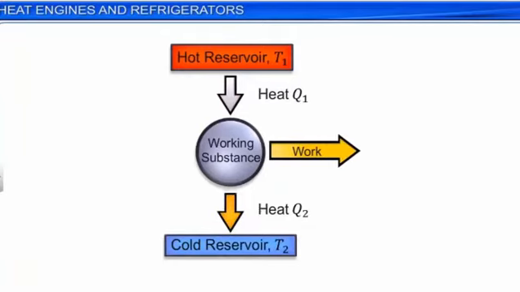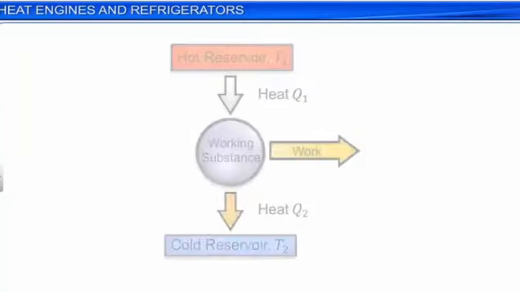In a cyclic process, the initial and final states of the system are the same, and hence there will be no change in its internal energy. That means delta U is equal to 0.